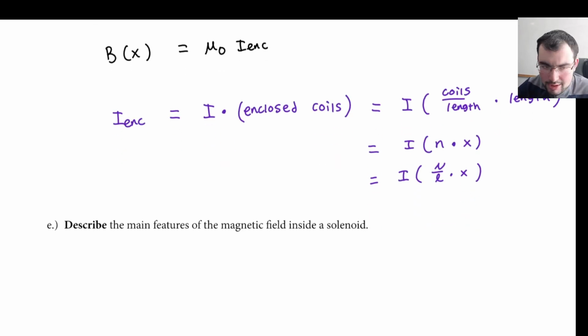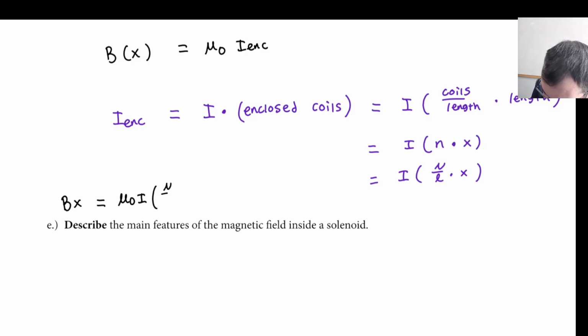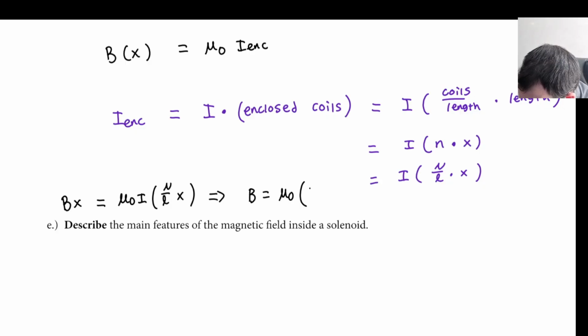So now we can get our B field, because we can just say that B times x is equal to mu naught I times N over L times x.